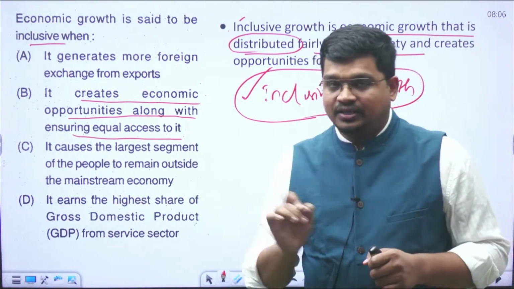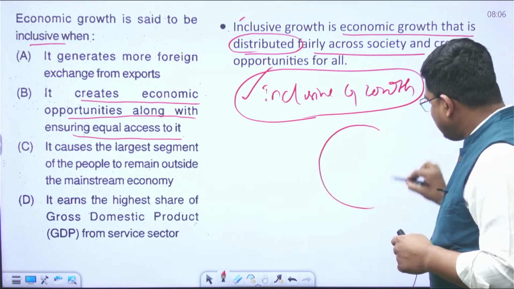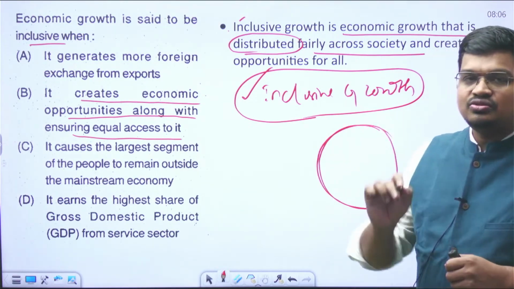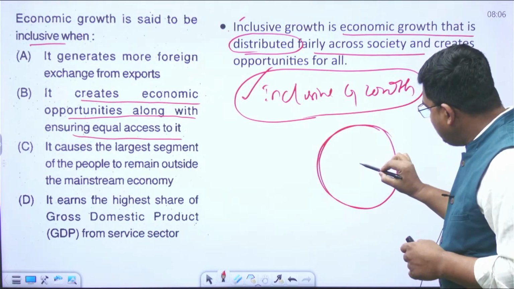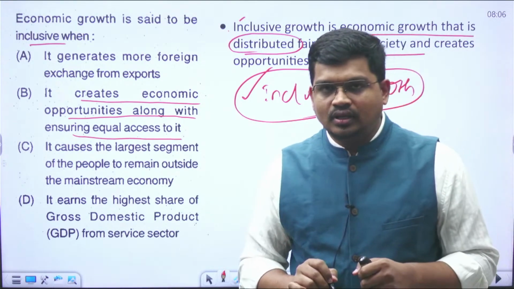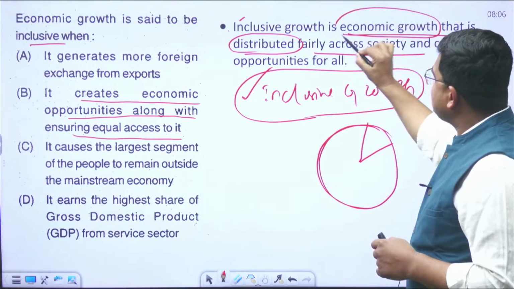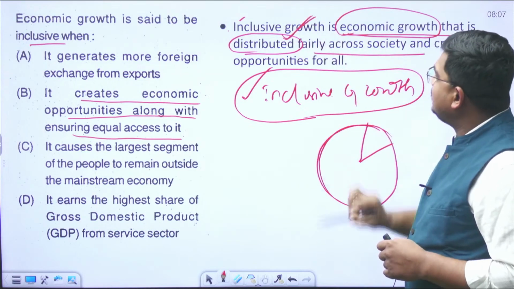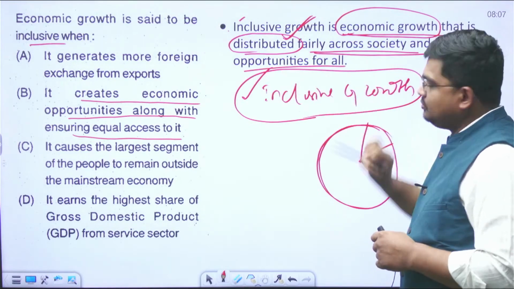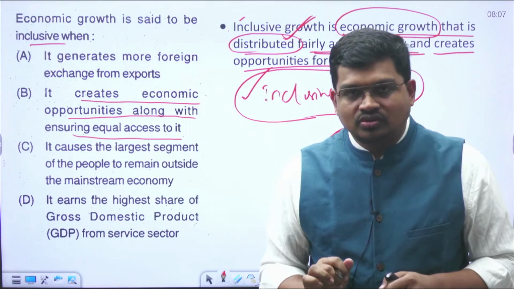As the concept goes, if the size of the cake becomes bigger, automatically the size of the pie will increase. So economic growth that is distributed fairly across society and creates opportunity for all, that is the meaning of inclusive growth.